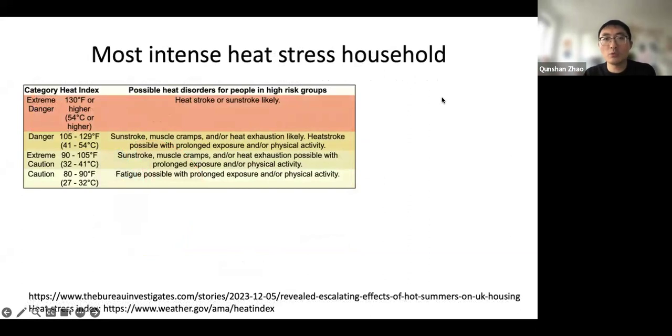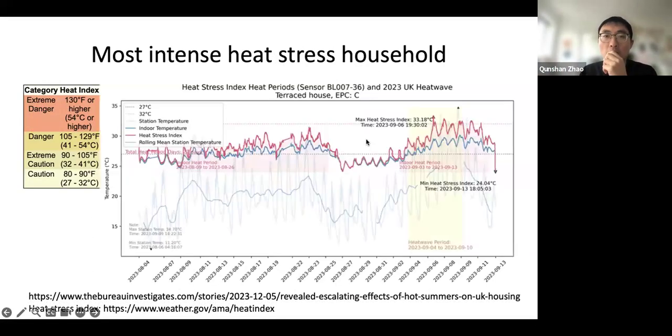To understand the heat stress indoors, we use something called the heat stress index, which has been used a lot in the climatology domain. This definition is, I think, from NOAA, or from America. You can see that it's in Fahrenheit. Basically, the most intense heat stress households can be found by combining the temperature and the humidity.